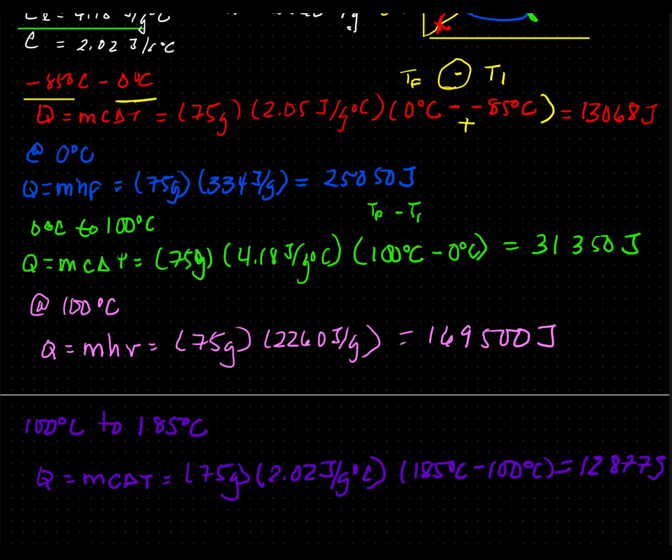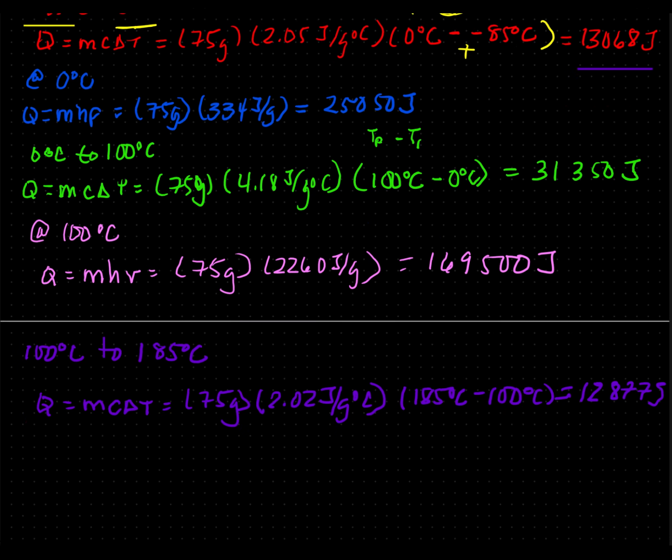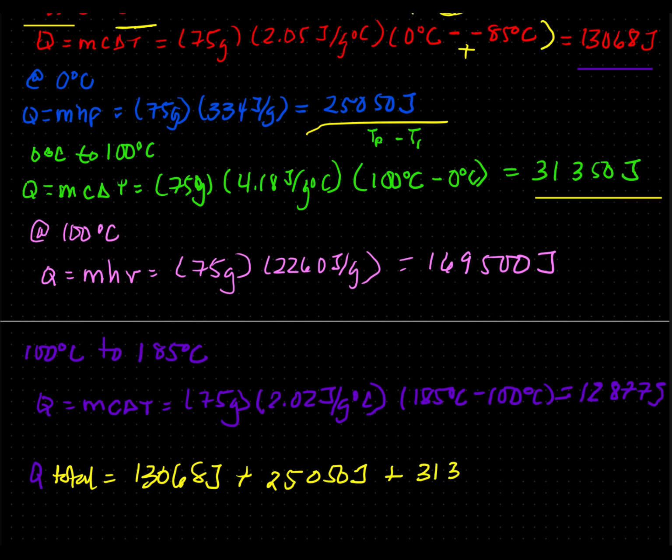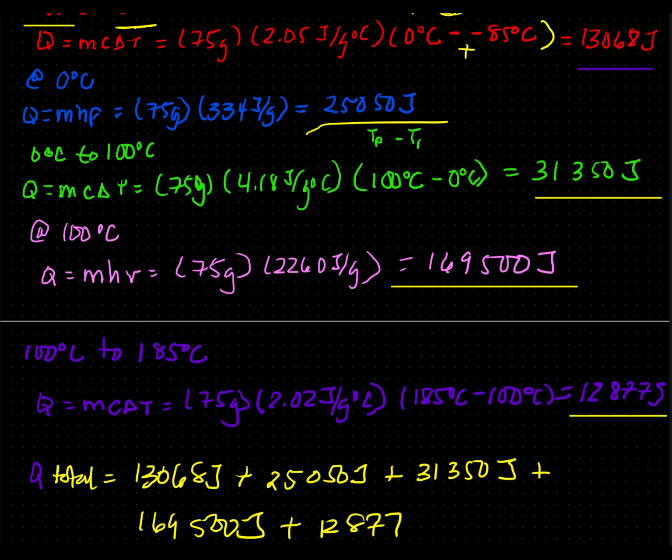We are going from a solid to steam. We know we are absorbing heat. This is an endothermic process. Therefore, all the numbers should come out positive. So to get the total, we have to add up all the heats. So Q total is going to equal 13,068 joules plus 25,050 joules plus 31,350 joules plus 169,500 joules plus 12,877 joules.